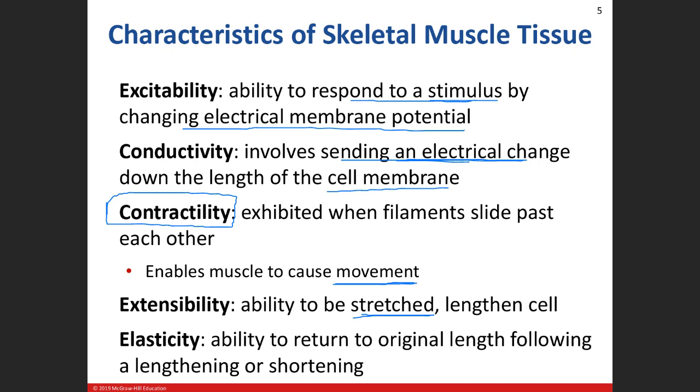So if you contract a muscle, it's going to go back to its original shape, or length, I should say. If you stretch a muscle, it'll go back to its original length. And this characteristic is its ability to return to the original length following a contraction or if you're stretching. So there's a couple new characteristics of muscle tissue here, and there's a couple that you've seen when we looked at the nervous system.